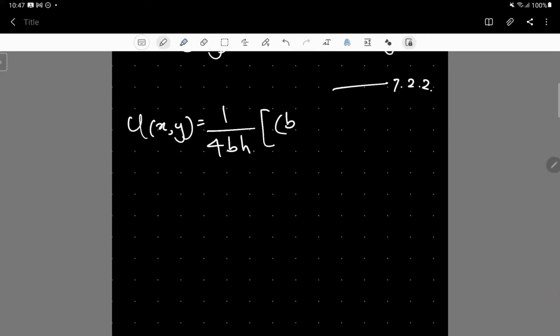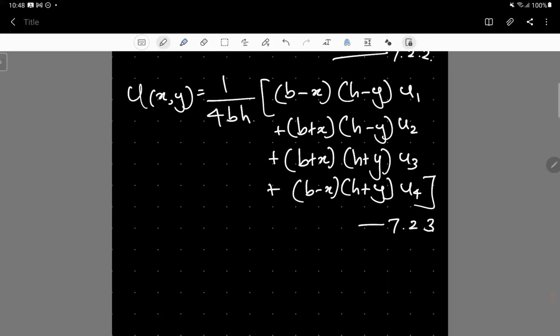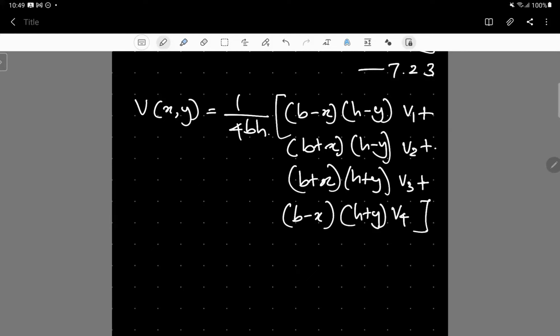Now these are all related via the coordinate systems and the geometric shape of the element. Similarly, this is the function that you would get.